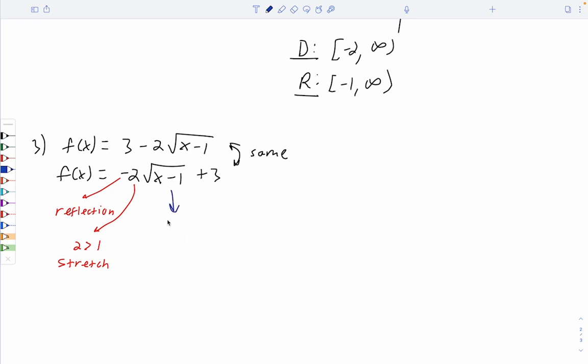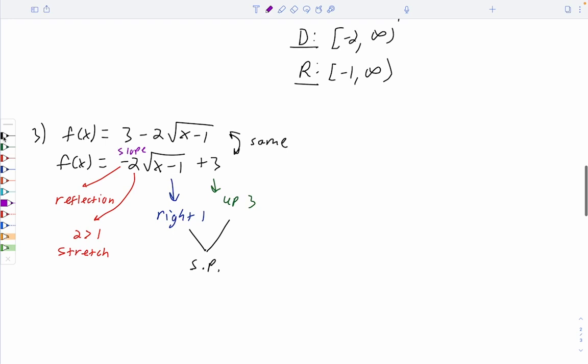Then inside here is an x minus 1, which means it'll go right 1. And then here is a k value of +3, so that'll go up 3. Now we're going to use these two transformations to find my starting point, I'll just call it SP. And then this a value in front will be my slope. This -2 here will be my slope to the next point.